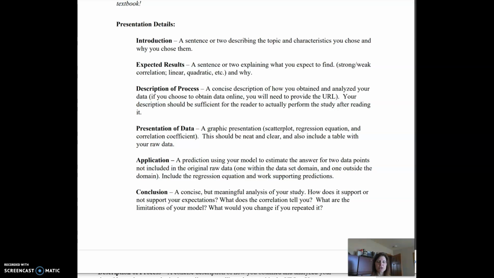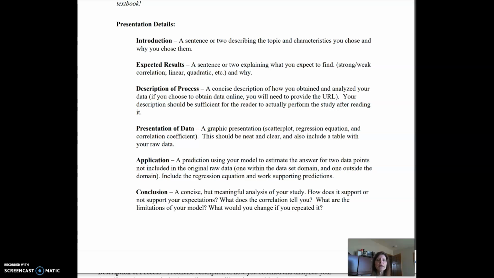Then the application. We talked about interpolating and extrapolating. So you're going to do both with this project. You're going to take the equation that you came up with, the one you think is the best fit, no matter if it's linear, exponential, or something else, whatever fits the best, use that model and a point within the original data set and tell me what it would give me for an answer.